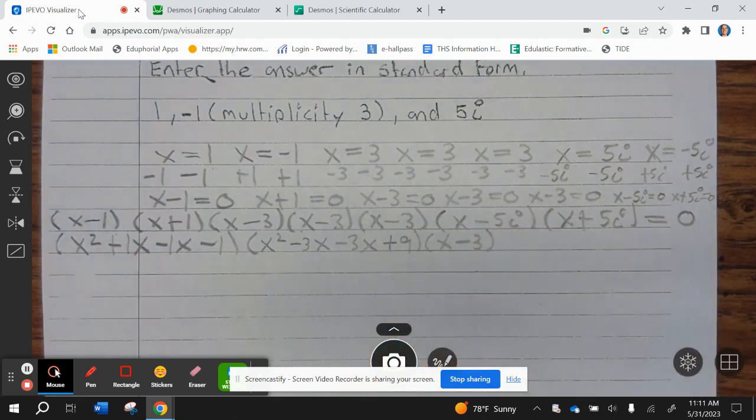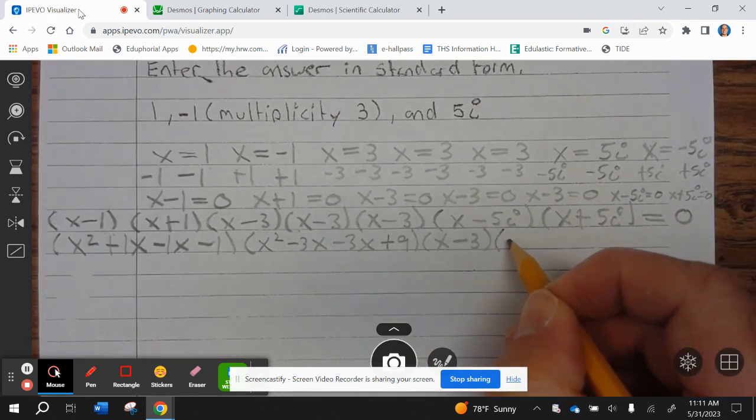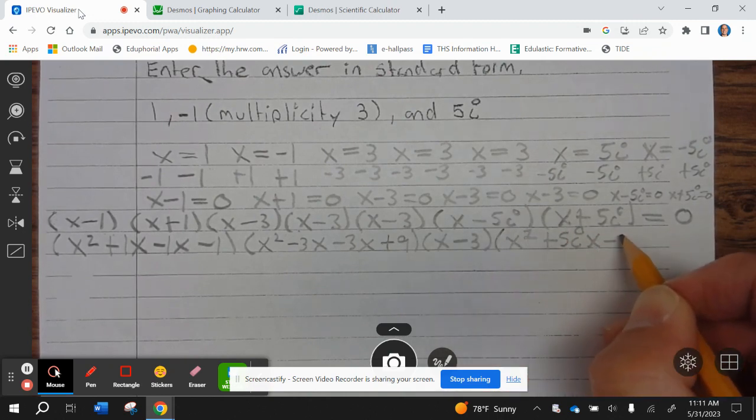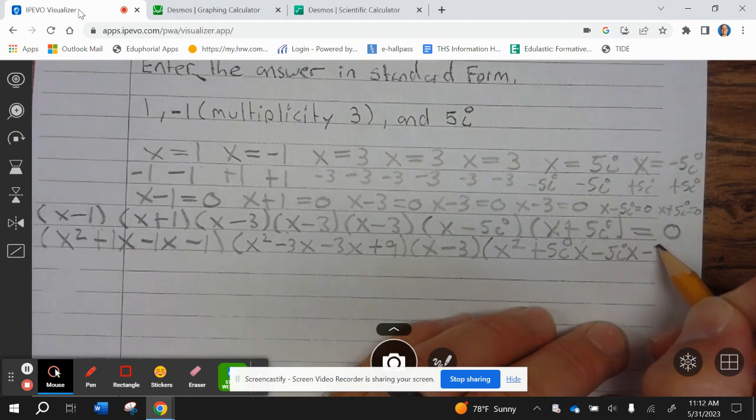We'll do that in a few minutes. Let's go ahead and FOIL this. So then x times x is x squared. X times 5i is plus 5ix minus 5ix. And then negative 5 times negative 5 is minus 25i squared.